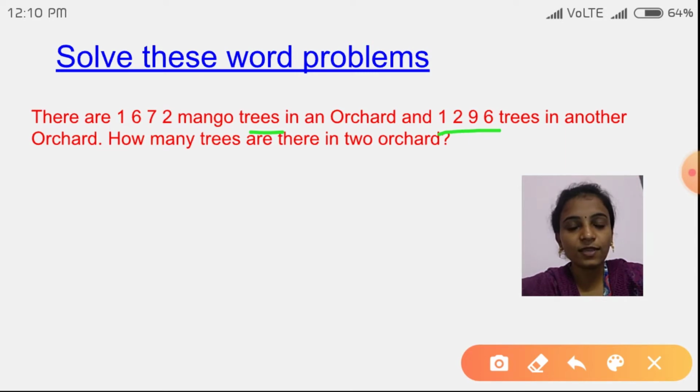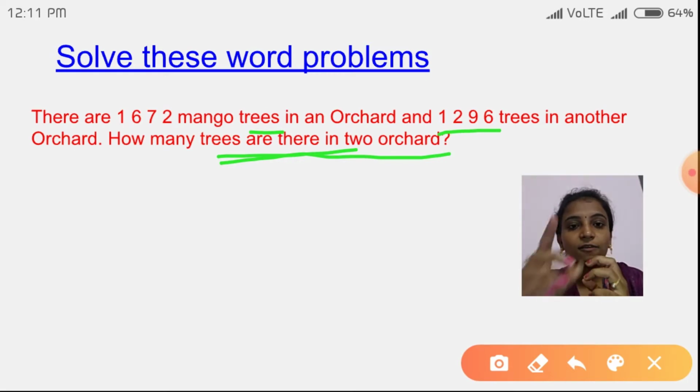How many trees are there in 2 orchards? So we have to count. That means they combined the first orchard and the second orchard. So we have to count the total number of trees.